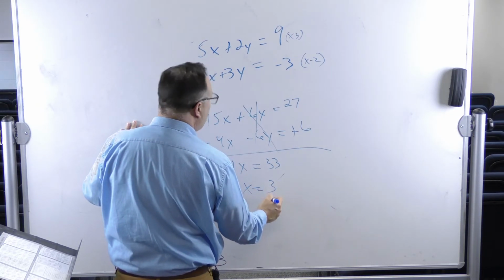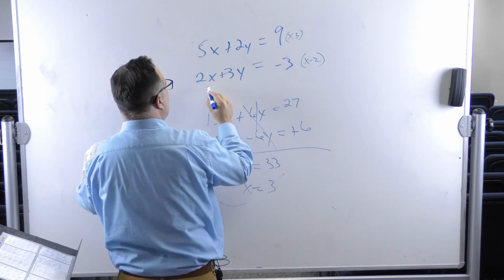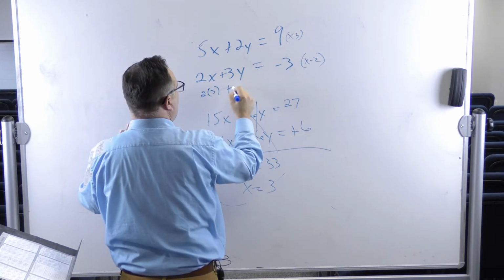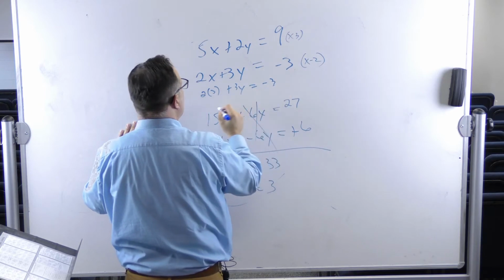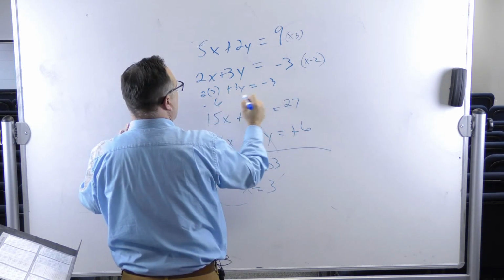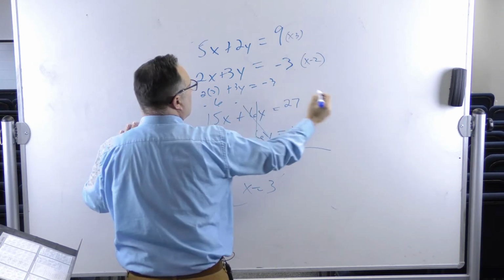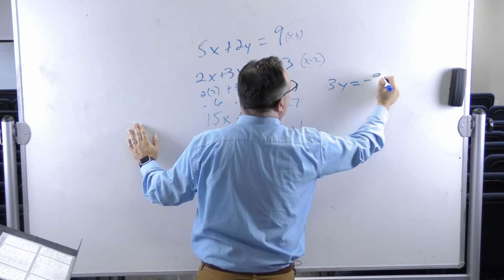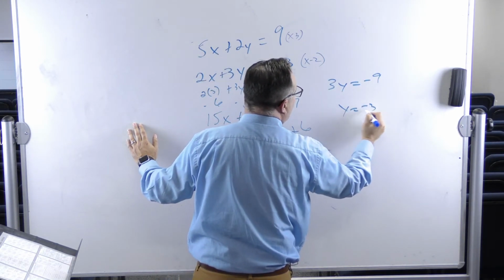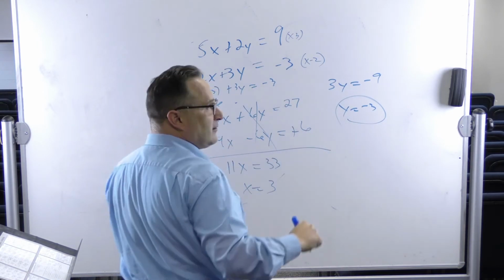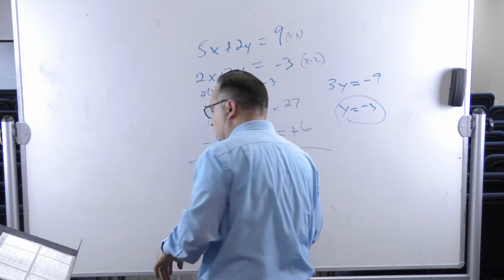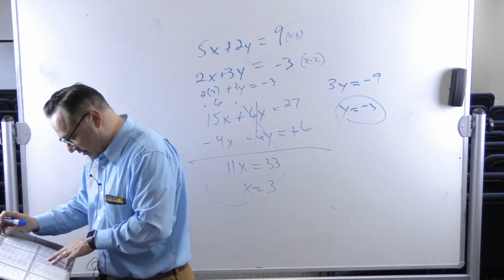X equals 3. If x equals 3, let's go 2 times 3 plus 3y equals a negative 3. So that's 6. Subtract 6, subtract 6. That would be 3y equals a negative 9. So y equals a negative 3. I'm not going to do all that. You know how to do that, right? So x equals 3, y equals negative 3, and that's the correct answer.